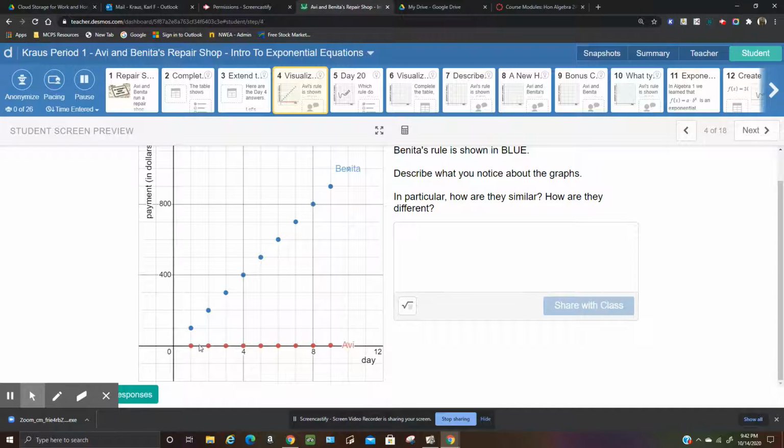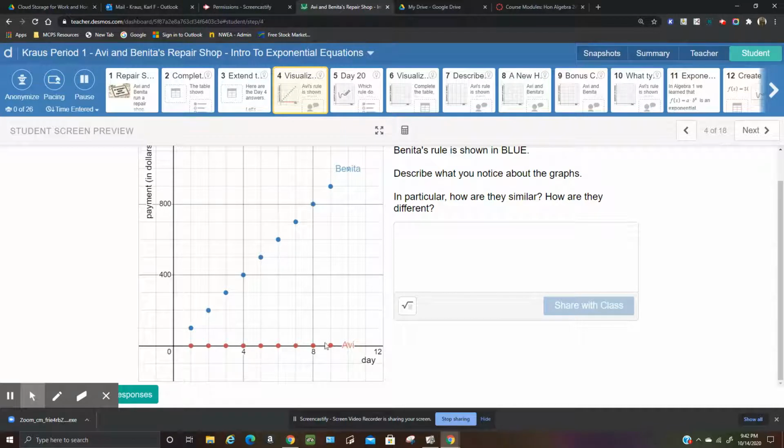So you can't really see that this is exponential growth right now because of the scale of the graph. So Benita is a sloped line here. Avi would actually be exponential growth, but because of the scale here, 100, 200, 300, 400, each of these is 100.